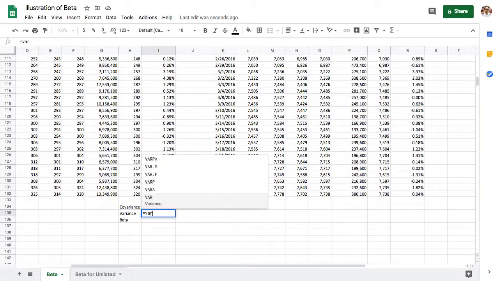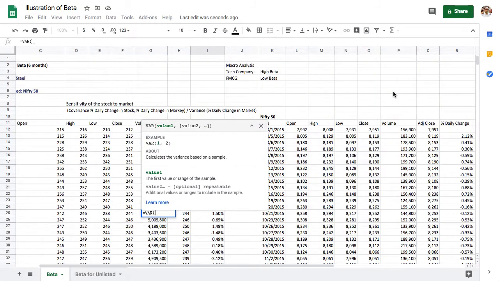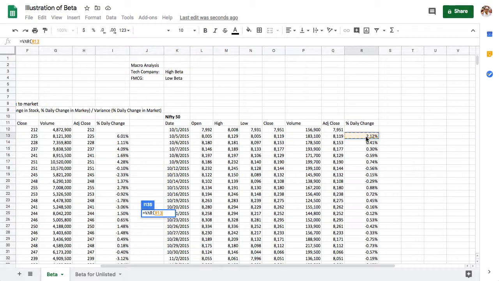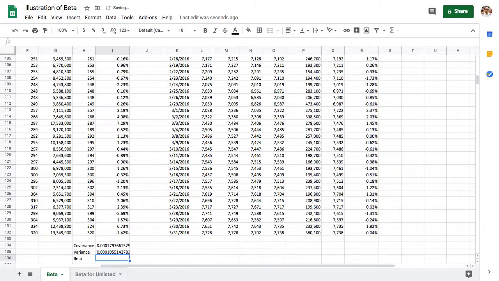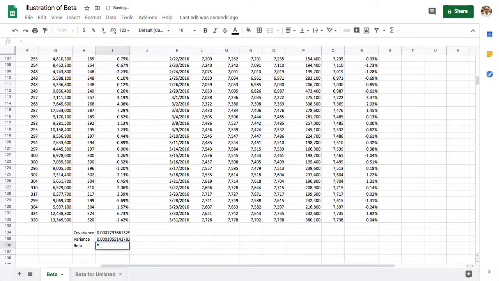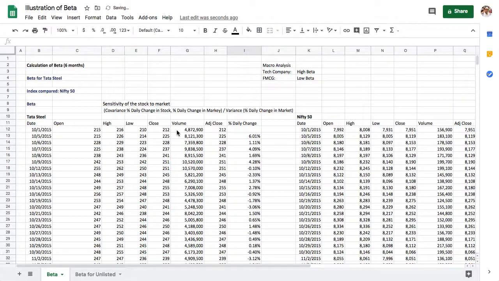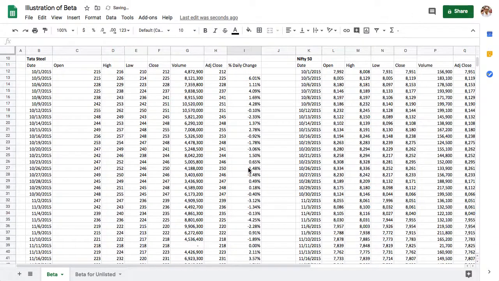So equal to variance. Remember, it's the percentage change and not just the change. So now we just need to divide covariance by variance, and we have 1.70. So this is how you calculate beta for a listed company.